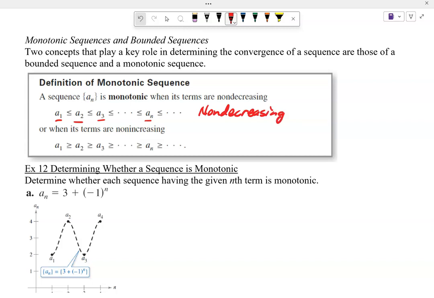Likely they're increasing the whole time, but you see that or equal to part, right? It could be the same thing. So non-decreasing is an example of a monotonic sequence, or non-increasing. In other words, they're decreasing throughout the sequence, term to term, or they're the same. Those are both examples of monotonic sequences.